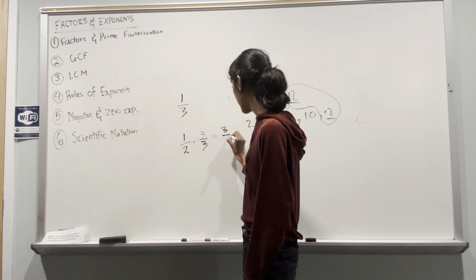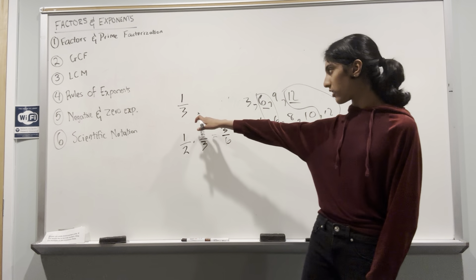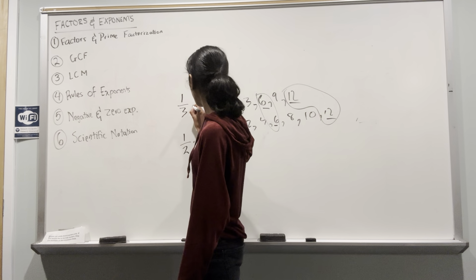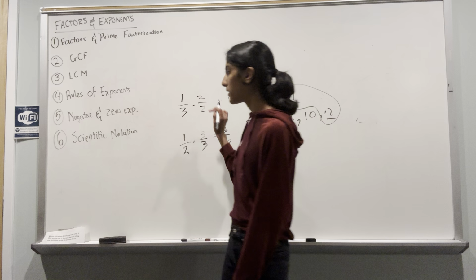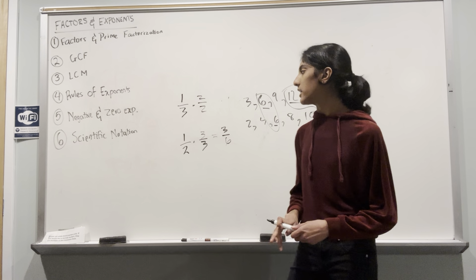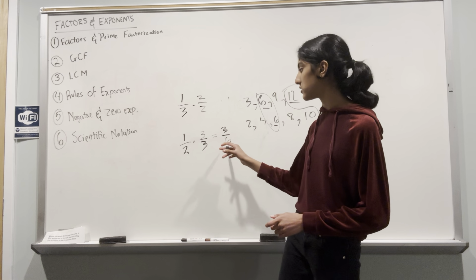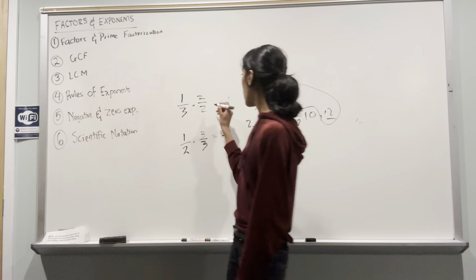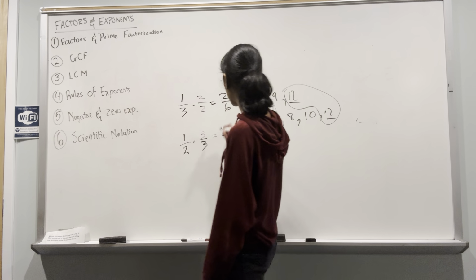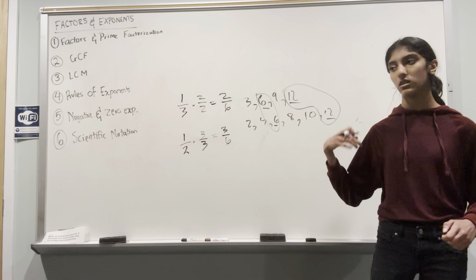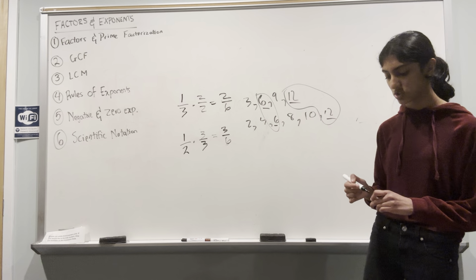It would be 3/6. And I would follow the same process for 1/3. I would multiply it by 2/2, because 2/2 is equal to 1. And also, it would help me find my common denominator of 6. So it would become 2/6. And now these fractions have the same denominator and I can use them for addition or subtraction easily.